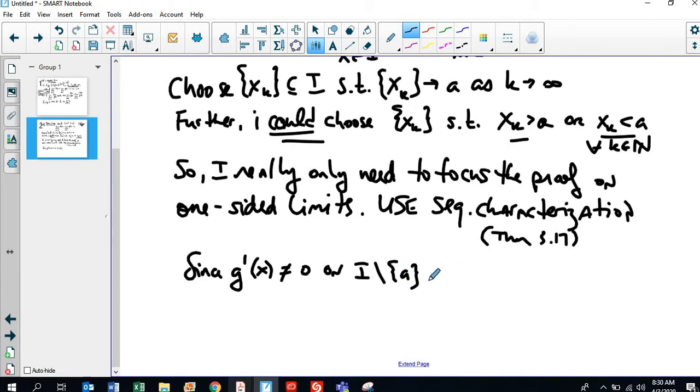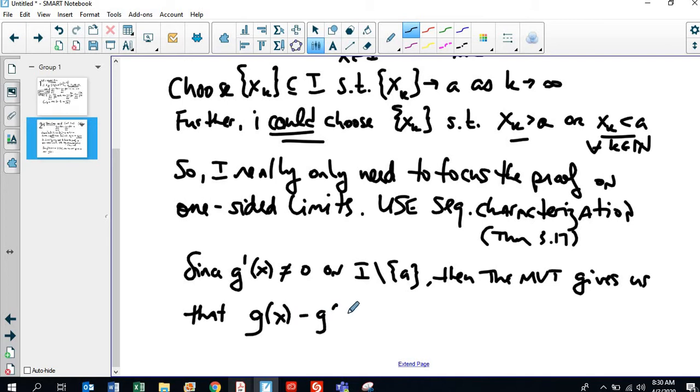then the mean value theorem, the basic mean value theorem, gives us that g of x minus g of y cannot be 0 either for x not equal to y in I minus a. Now, why is that the case? Remember what the mean value theorem states.